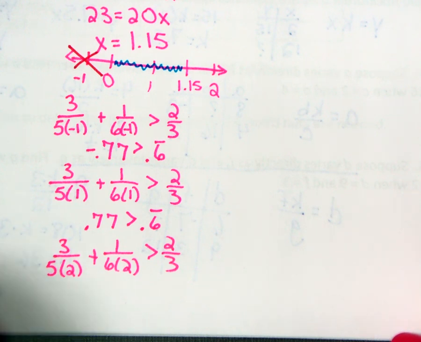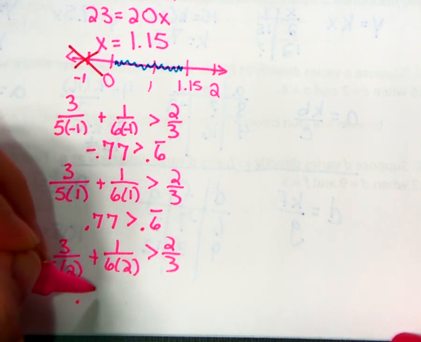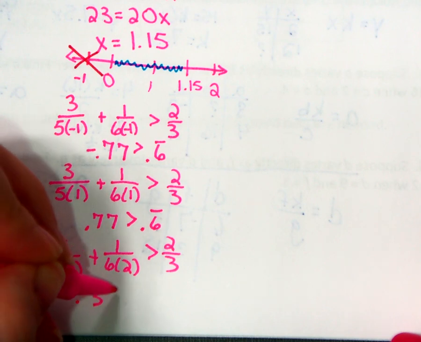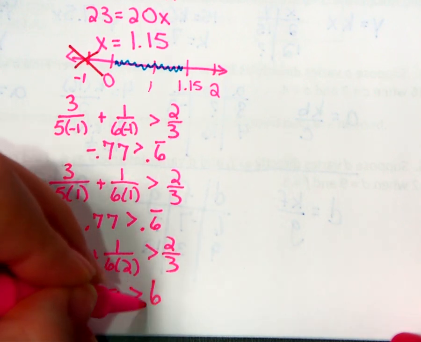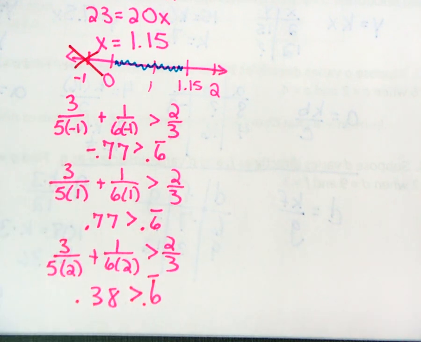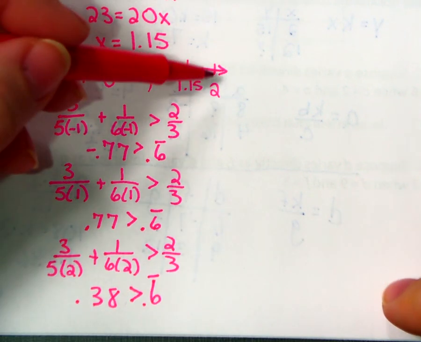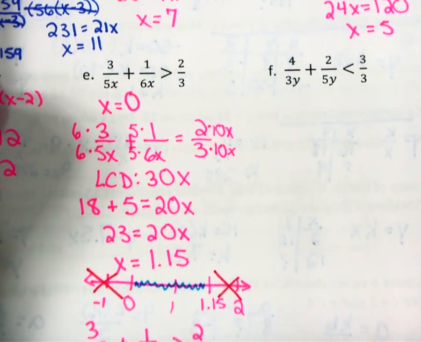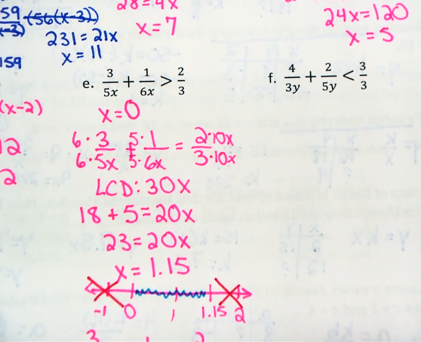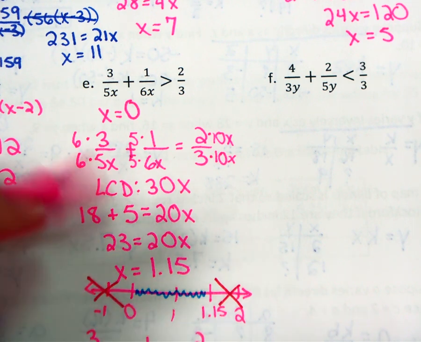When I plug that into my calculator, I get 0.38 is greater than 0.6 repeating. That is not a true statement, so that means nothing over here can work. So the only things that can work are things between 0 and 1.15.